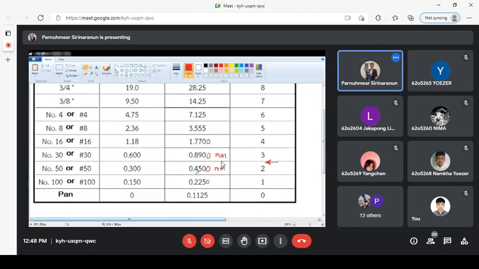Then I will use this technique of linear interpolation. I think you are familiar with linear interpolation before or not? Everybody almost familiar? Not sure. Okay, come back, because you get 2.454.